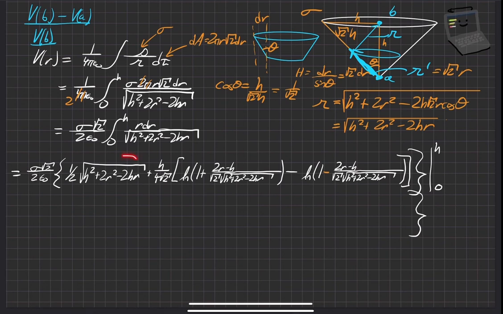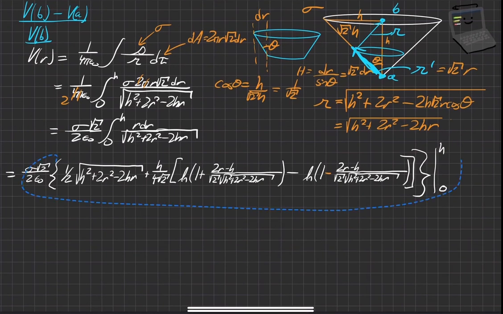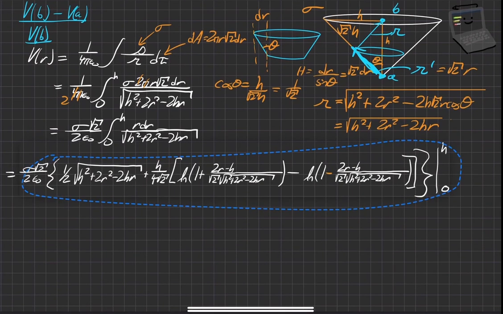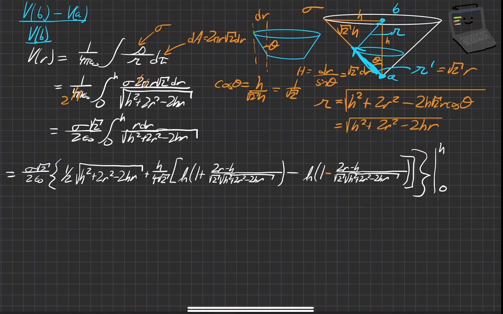So this big chunk of stuff right here with the limits from 0 to h, that's in keeping with what we have here. And it looks pretty big, but it collapses down pretty nicely. So we'll go ahead and start inputting these limits into the different spots here. We'll start with the limit of h, utilizing technology.